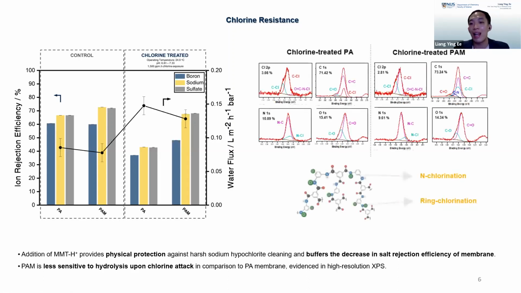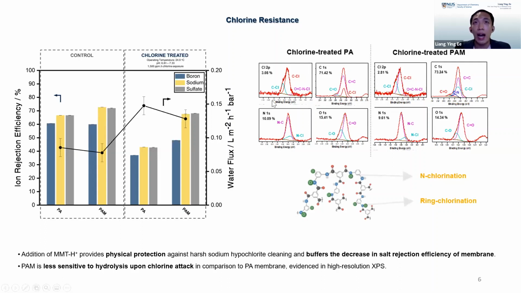So we conducted elemental composition analysis on the treated membrane surfaces, which reveals a high possibility of amide linkage cleavage due to the hydrolysis of the polyamide. The high oxygen to nitrogen ratio indicated the presence of more carboxylic groups arising from the hydrolysis.